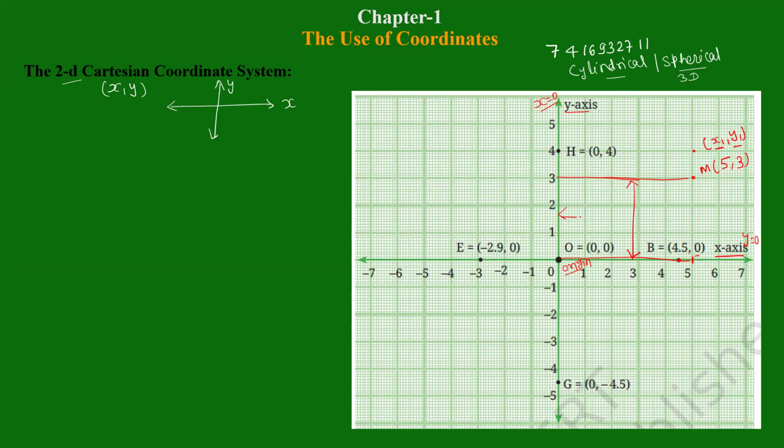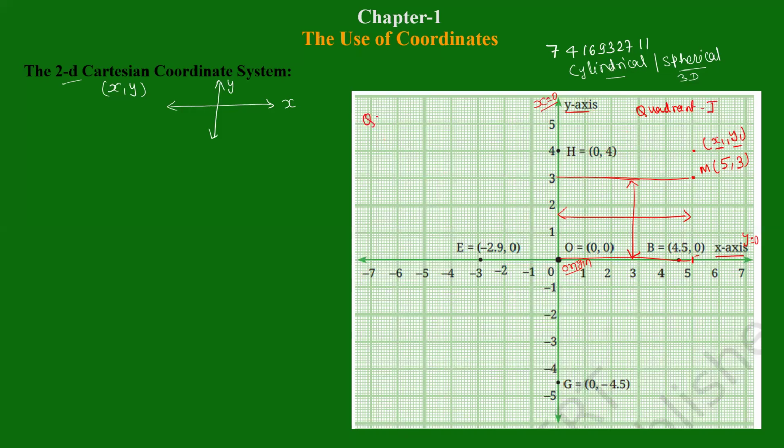Okay, so this distance is what here? 5. That distance is from the y-axis. And this entire 2D Cartesian coordinate plane is divided into 4 sections, as you are seeing here. This first section on the right side is called quadrant 1.